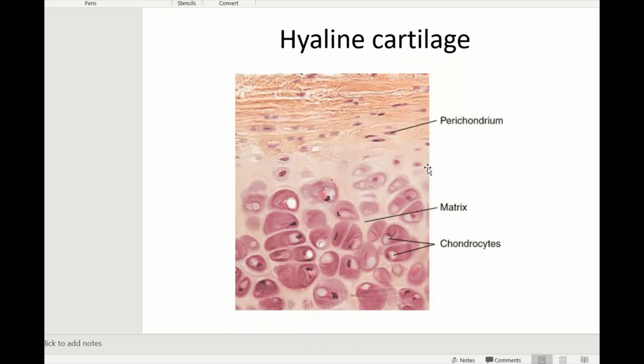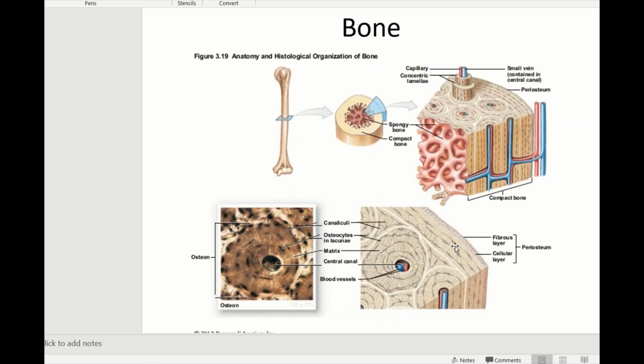So here is an example of cartilage. In the picture, you can see that the cartilage has cells which are called chondrocytes. The chondrocytes are placed within the matrix in case of cartilage. The bones have lacunae or spaces, and in those spaces there are cells which are called osteocytes.